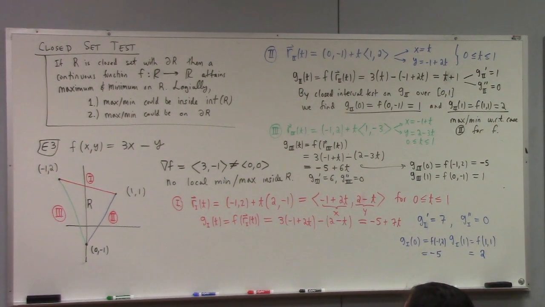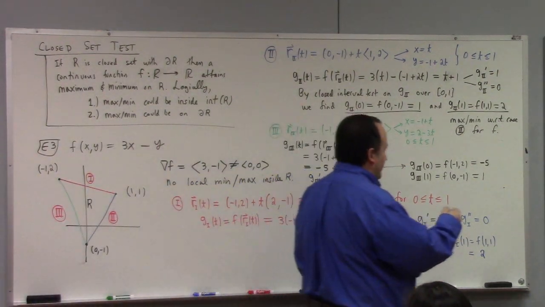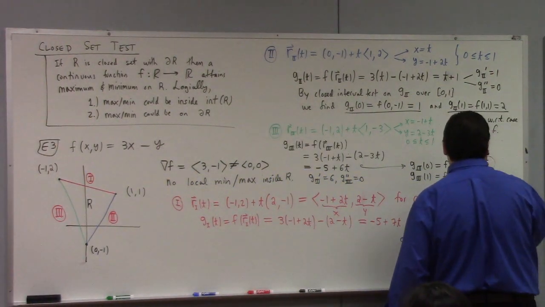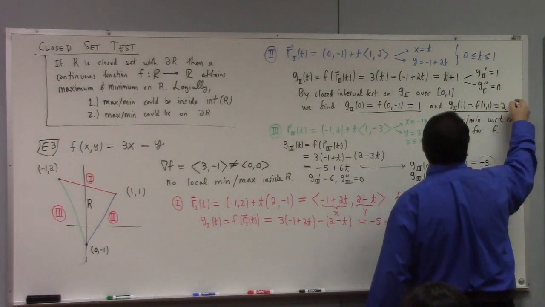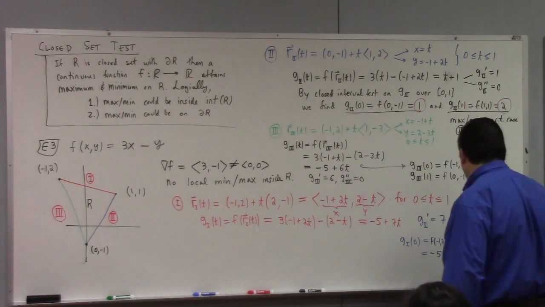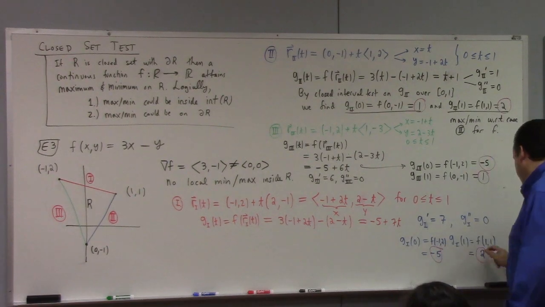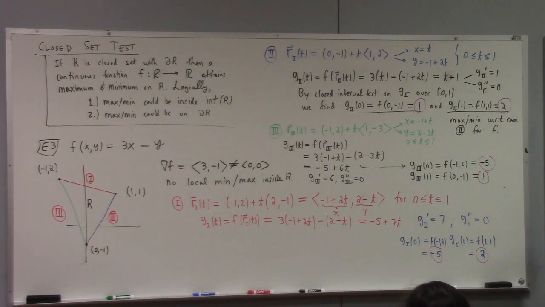So what's the conclusion? We need to look at all the possible contenders here. We've got minus 5, we've got 1, we've got 2, we've got 1, we've got minus 5, we've got 2. Can you summarize what this calculation says?